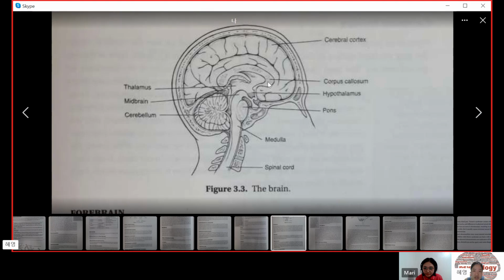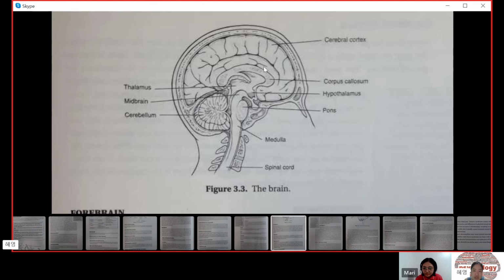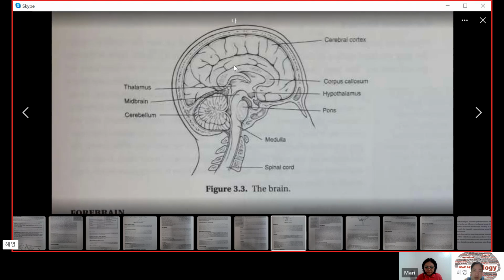And here there is a corpus callosum. It surrounds around like this. And the last layer, the big layer, surrounded by our skull, is the cerebral cortex.